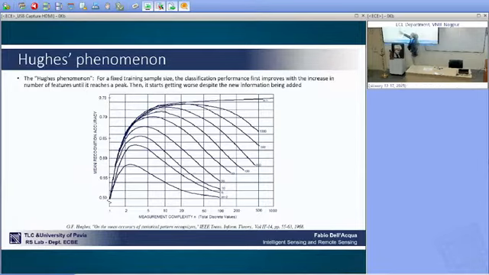But what is somehow surprising is that it increases up to a certain point, and then it peaks and starts going down, which seems paradoxical because you're adding more information about the same object, but the classifier is less and less effective in identifying it.